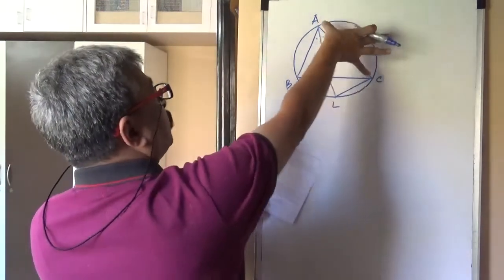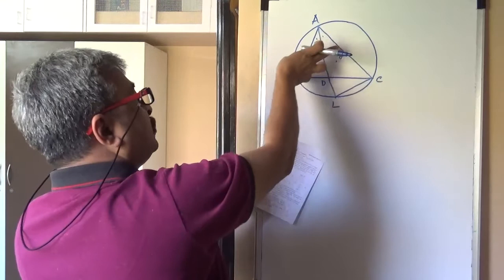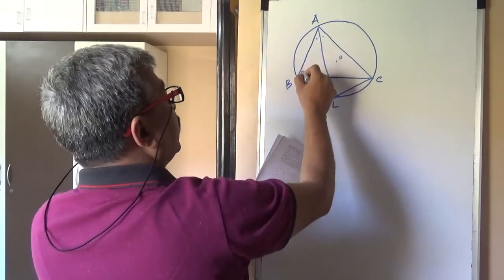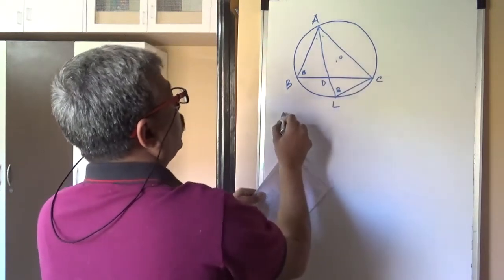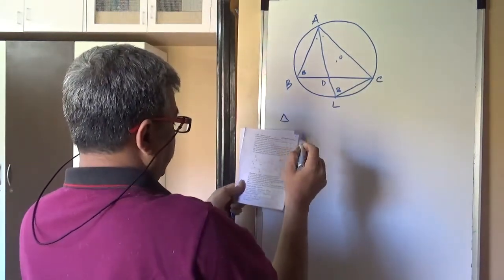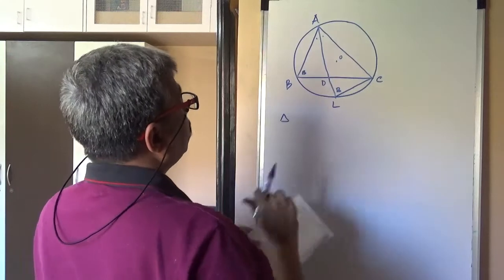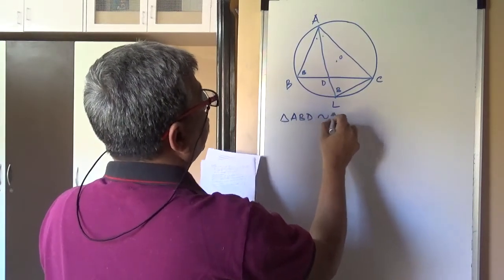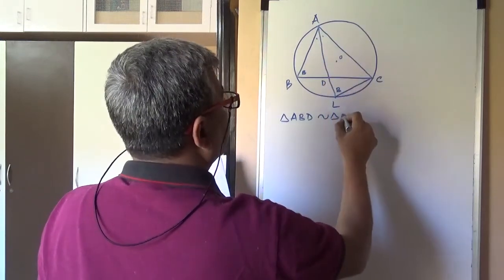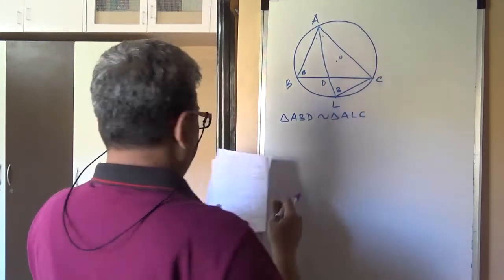Now if you observe, AC inscribes angle B at this point and will be inscribing angle B. Therefore we have triangle ABD similar to triangle ALC, right?